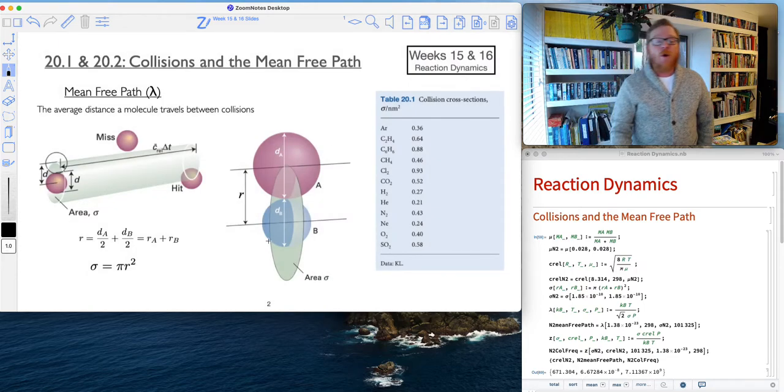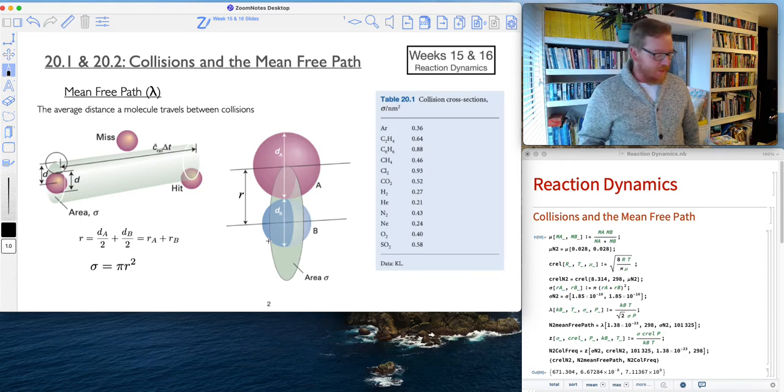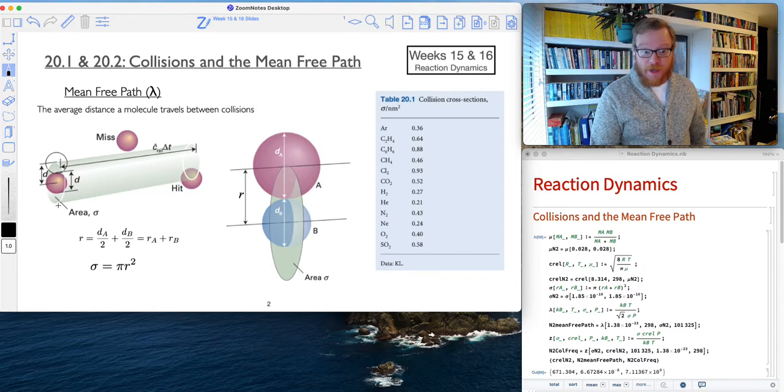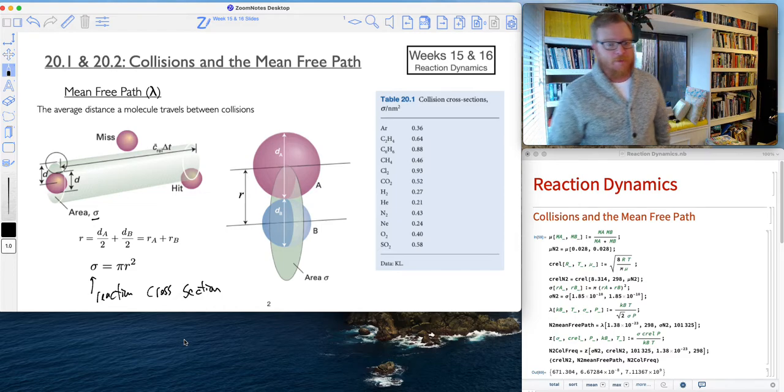Now, when we want to start thinking about all of these collisions, we draw this collisional tube with area sigma. I know we just spent some time talking about the absorption cross section; this is our reactive cross section. There's not enough letters in the alphabet, so sometimes we have to recycle the same letters.